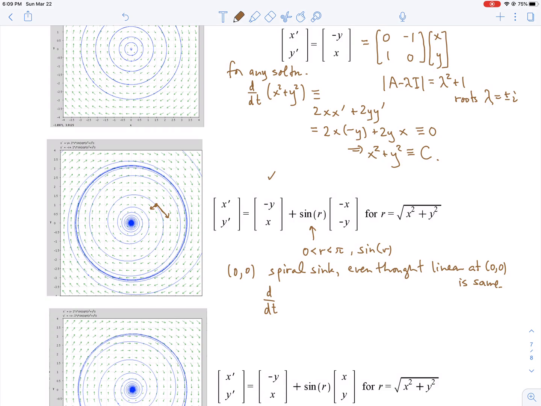We can take d by dt of r squared, which is x squared plus y squared.